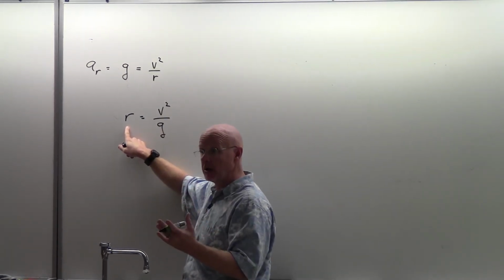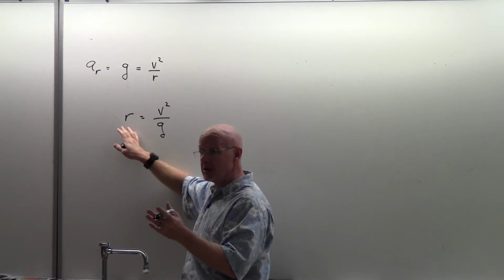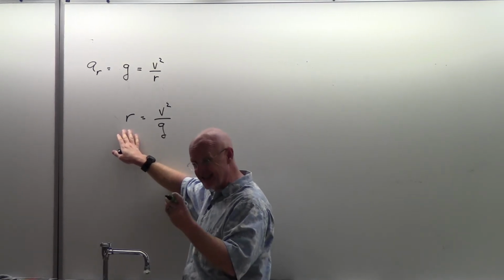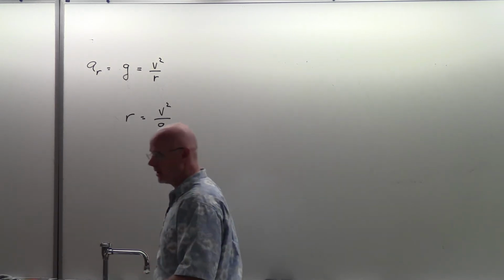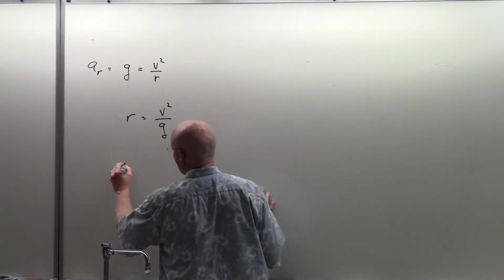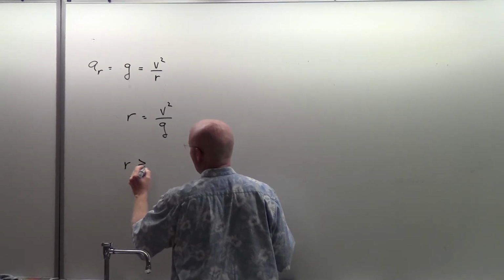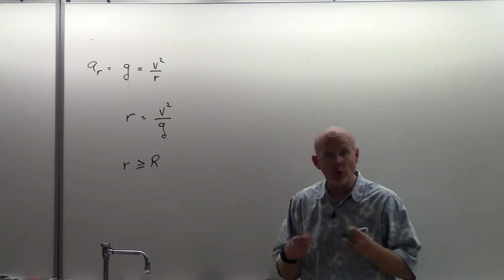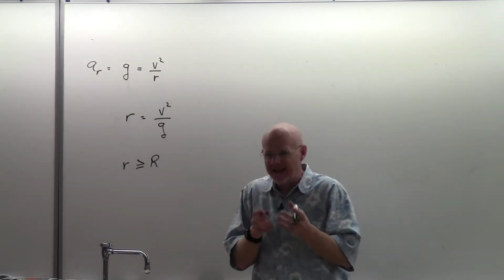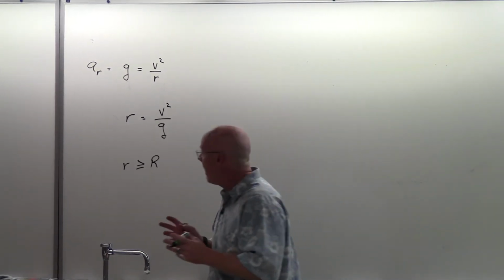Isn't that why it hits the rock? Isn't it if this radius that you kick it is less than the radius of the rock, isn't it going to hit the rock? So there's the key. What I want then is R to be greater than or equal to capital R, right? I want the radius of curvature that that ball is initially going to have.